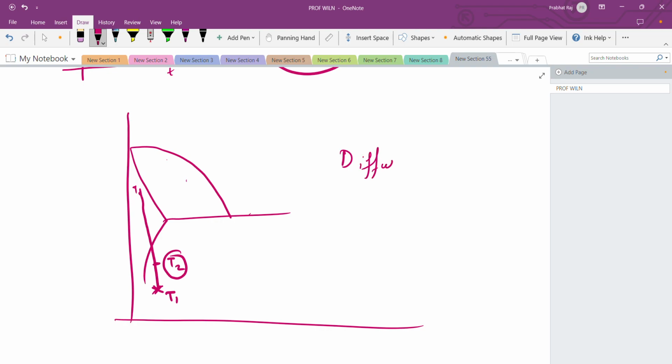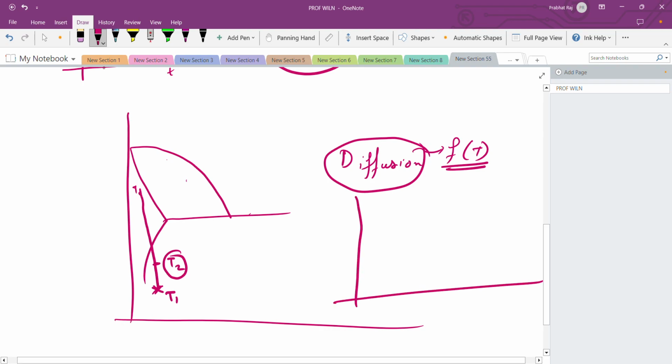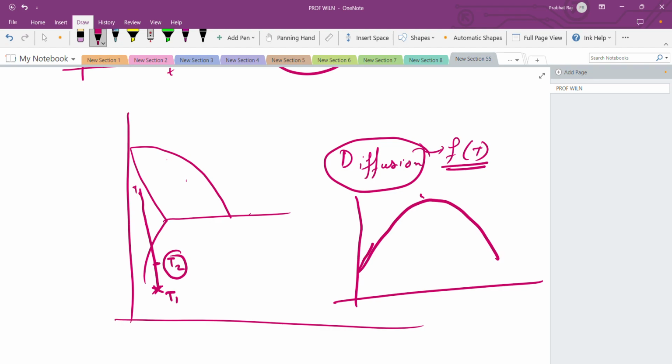So what will happen due to the increase in temperature? Diffusion will increase, because diffusion is a function of temperature, and due to the increase in diffusion, more and more precipitates will form, and the graph will shift towards the left. This peak was observed at a much lesser time, and now why has the strength decreased compared to the early situation?